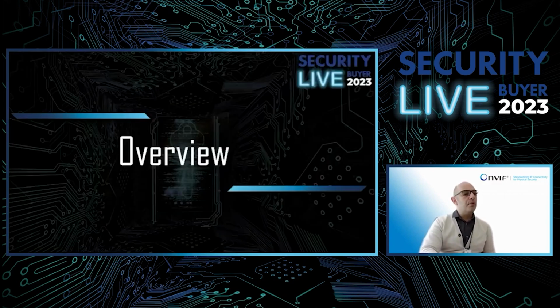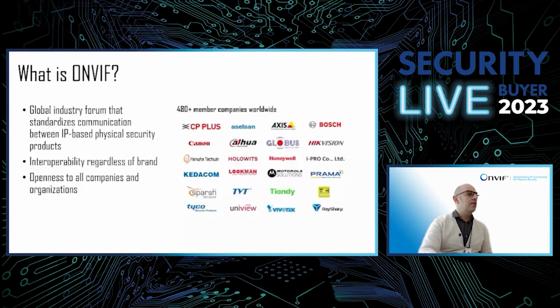Now, some overview about ONVIF. So what is ONVIF? ONVIF just celebrated a major milestone of 15 years anniversary. We were founded 15 years ago, and it's a global industry forum that standardizes communication between IP-based physical devices.